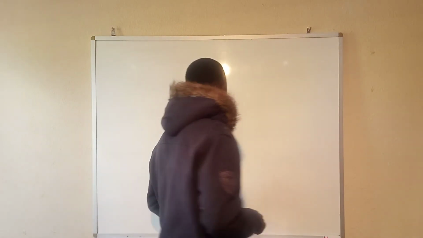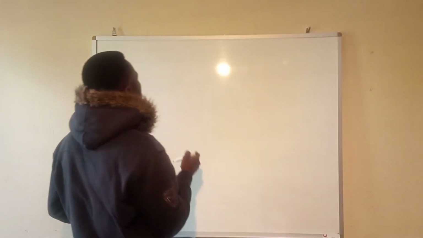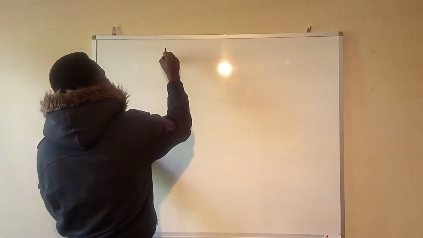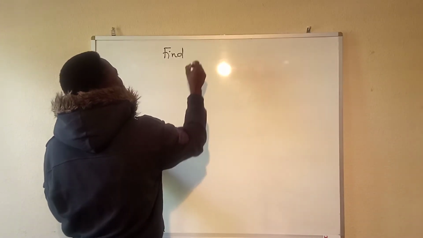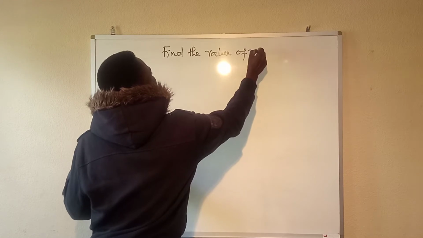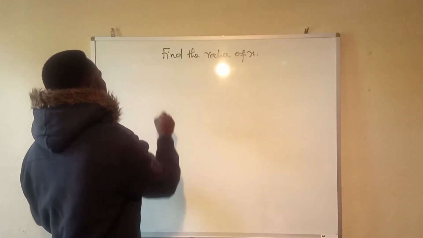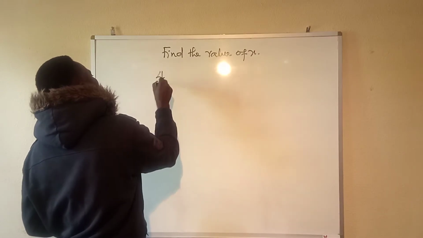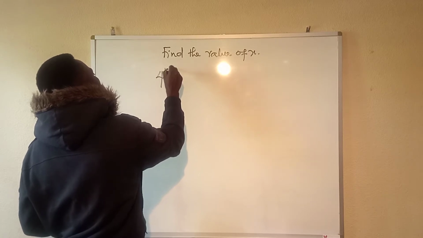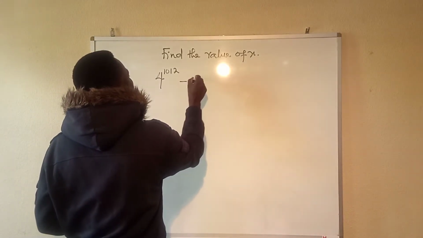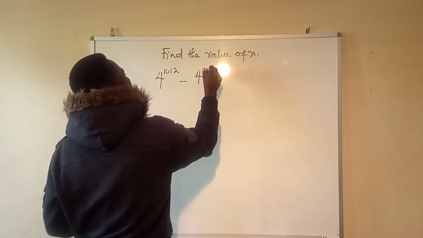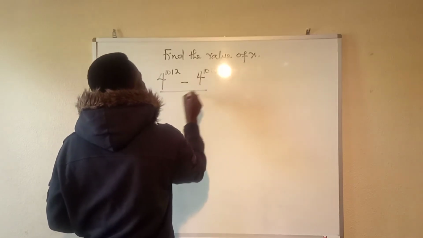Right. So now let's look at our equation that will lead us to 2022. Find the value of x. So what we have is 4 to the 1012 minus 4 to the 1011 all over 3.